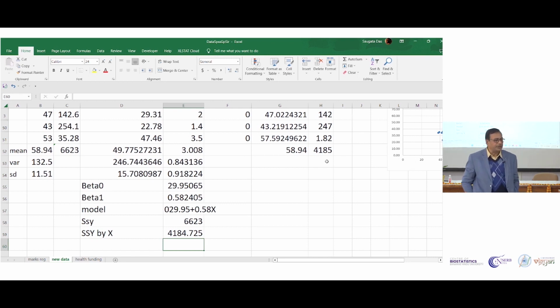How much variation of marks is available in X? In other words, in different words, how much variation of y is being explained by predictor?